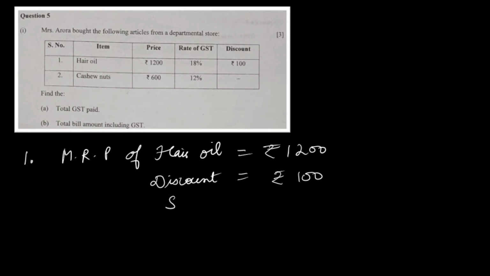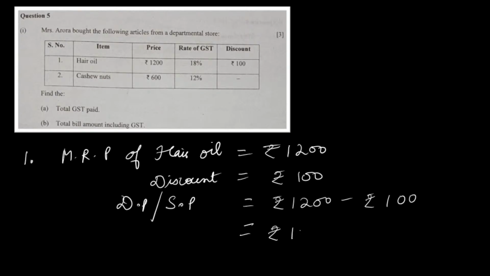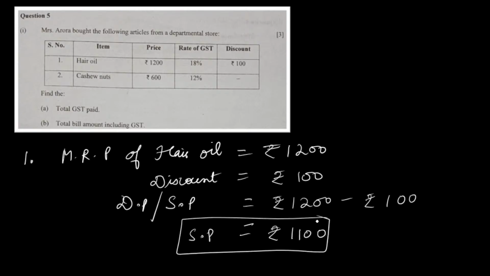So what will be the selling price or discounted price? Discounted price means the selling price. So this will be equal to 1200 minus 100. From its MRP, we have to subtract the discount. So 1200 minus 100 is 1100. So its selling price is 1100. For hair oil we have found this.